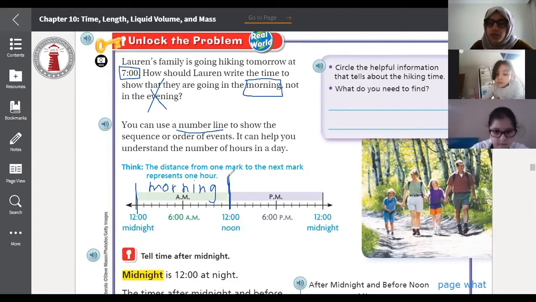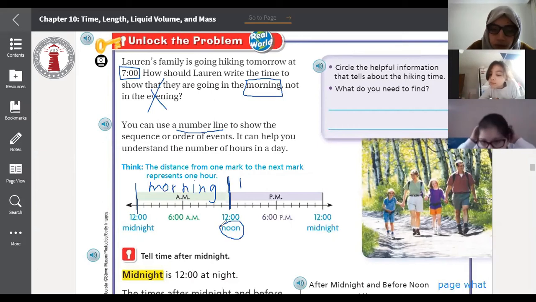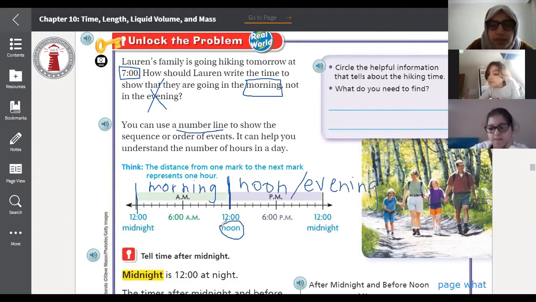It will be in the afternoon. Noon means in the middle of the day. So when it's in the middle of the day, it will become p.m. So it means noon or evening, because at night it's evening.